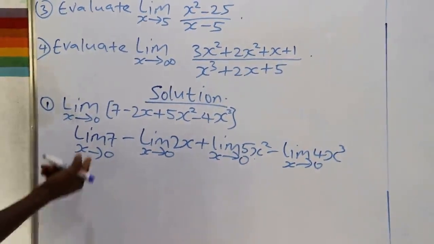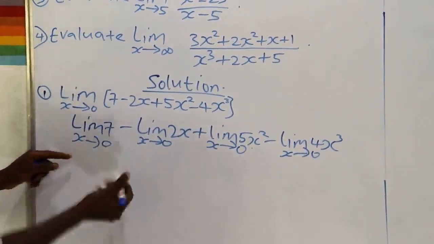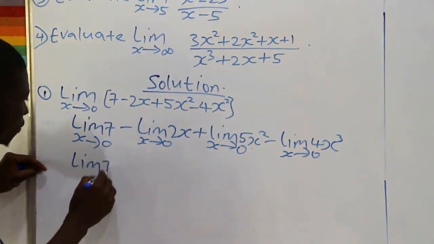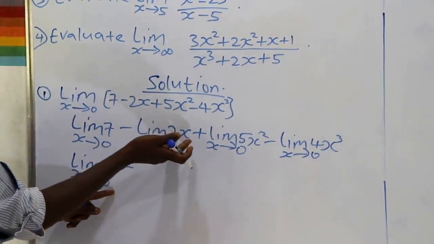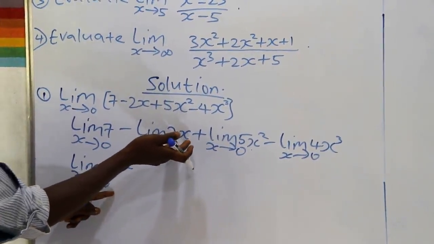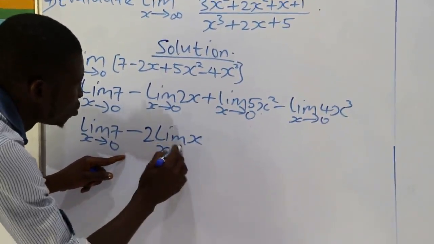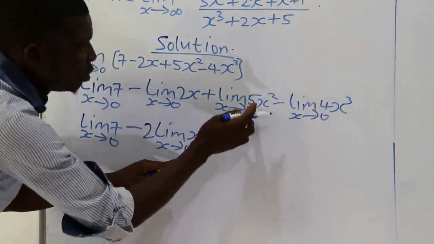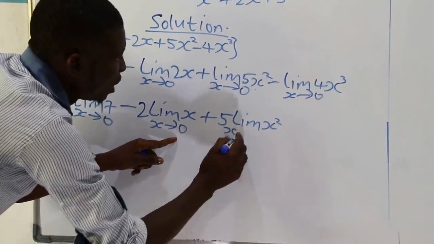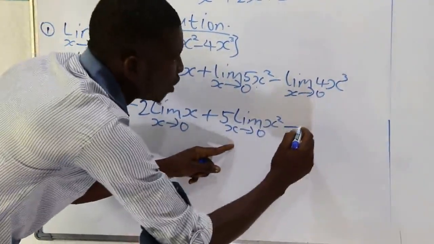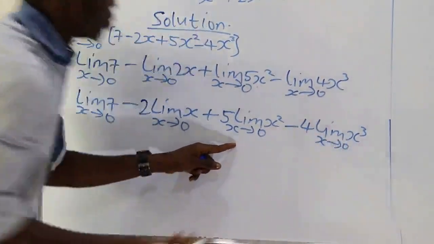Now, looking at the first property of limit, this 7 is a constant, so this one is still the limit of 7 when x tends to 0. For the next one, the last property applies, since 2 is a constant. It will give us 2 times the limit of x when x tends to 0. Also, that will be 5 times the limit of x squared when x tends to 0. Then 4 times the limit of x raised to power 3 when x tends to 0.